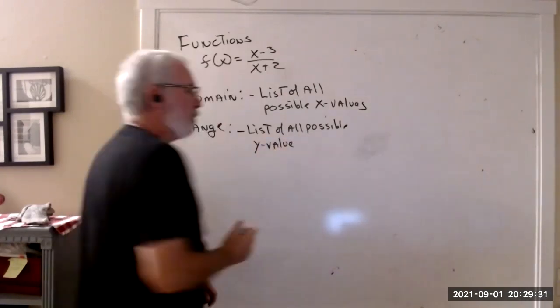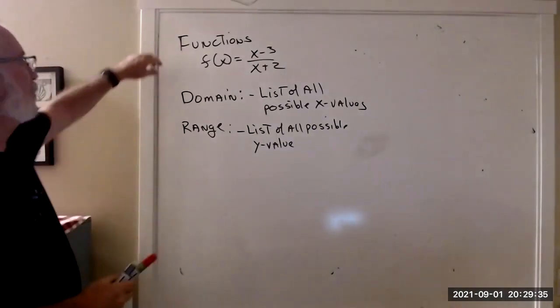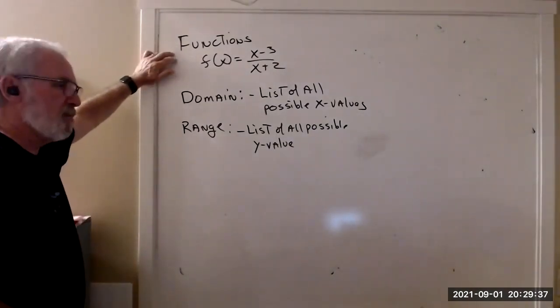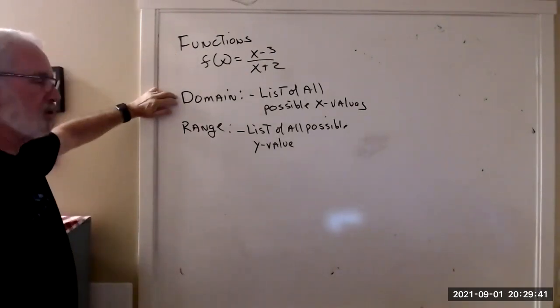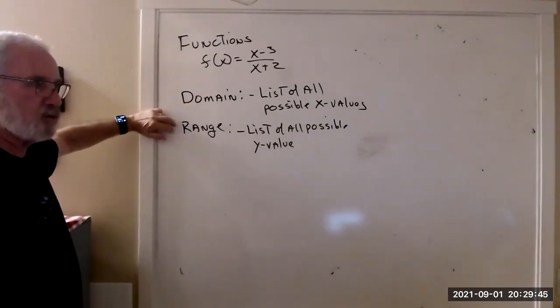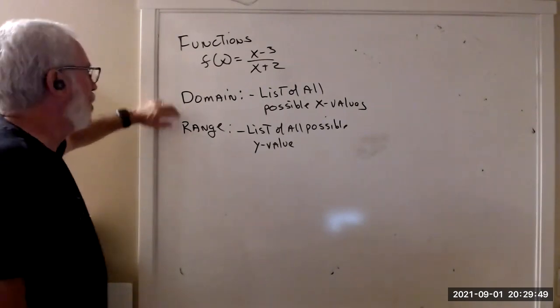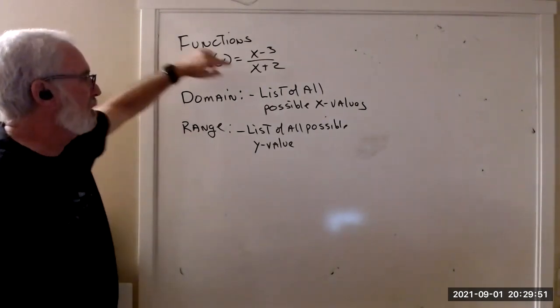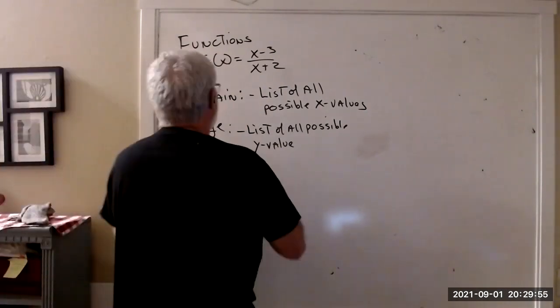So important vocabulary words. As you move higher and higher in math, the study of functions is going to be more and more important. And when you study functions, we always include the idea of domain and range. So these are two vocabulary words you absolutely need to know. What does a domain mean? What does a range mean? So I'm going to give you some examples.